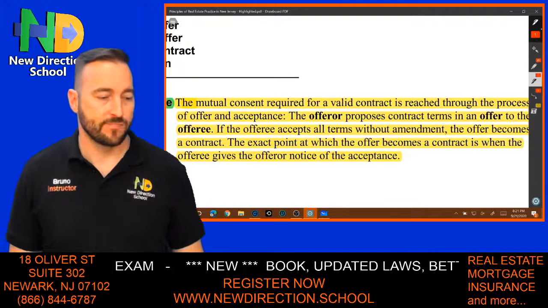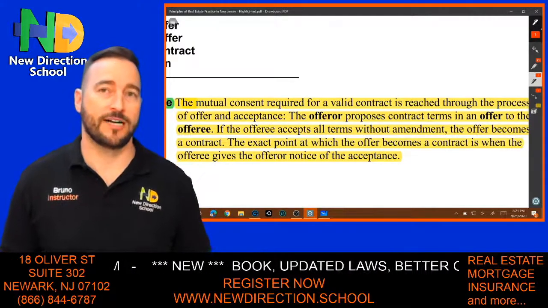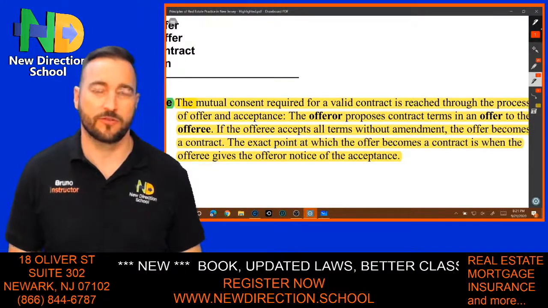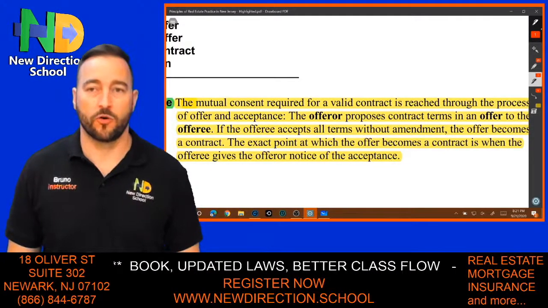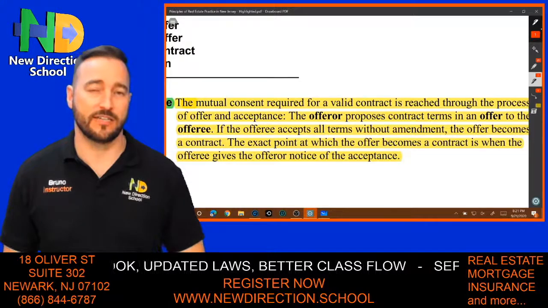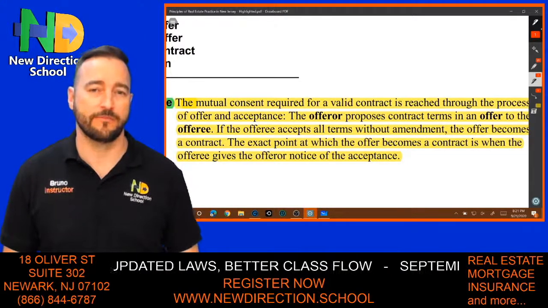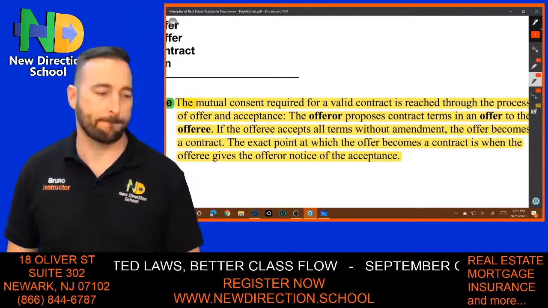In fact, if you're in the contract on second or third page, it talks about oral or written contracts, and it says parole evidence rule and all that stuff. So it's written right there.